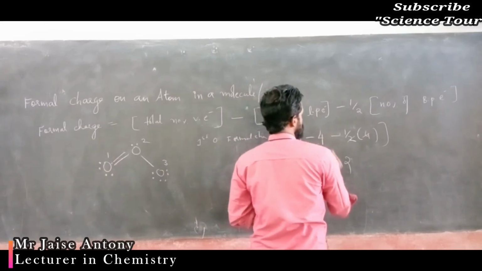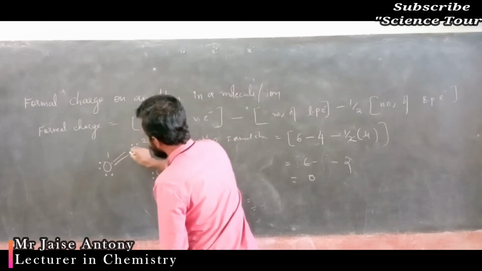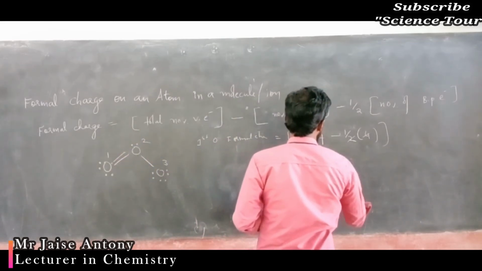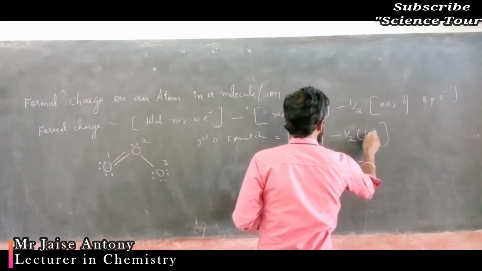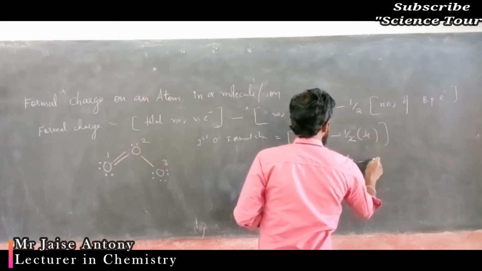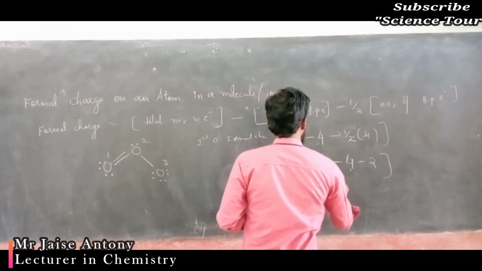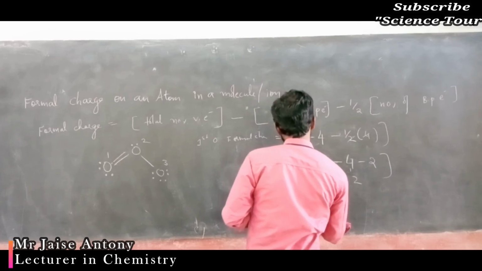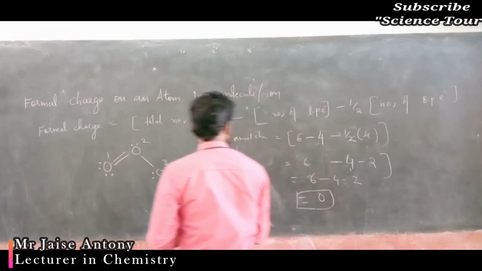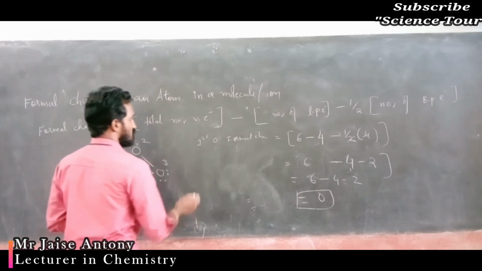Understood? Minus half of bond pair of electrons, 4 electrons, my dear students. Here 6 minus 4 minus 2. 6 minus 4 is 2, and 2 minus 2 is 0.